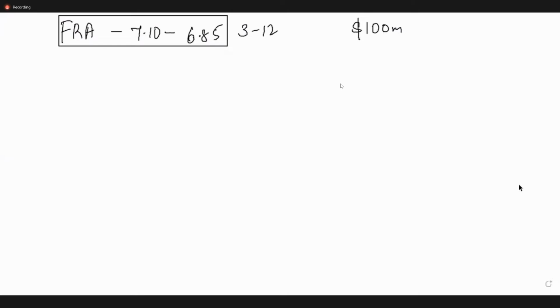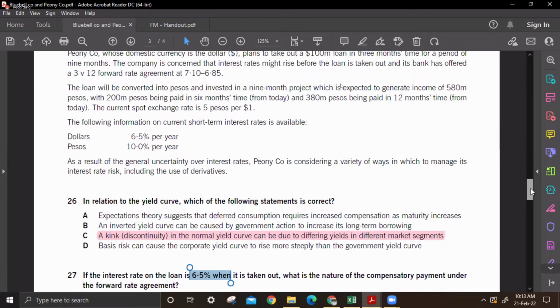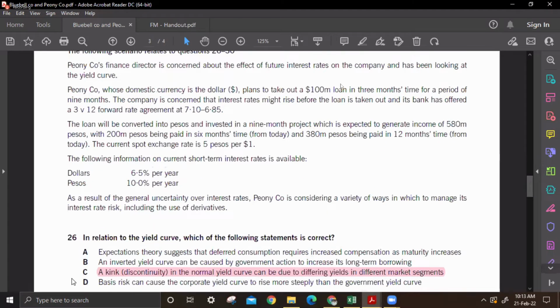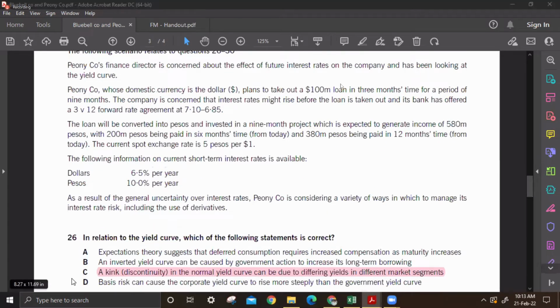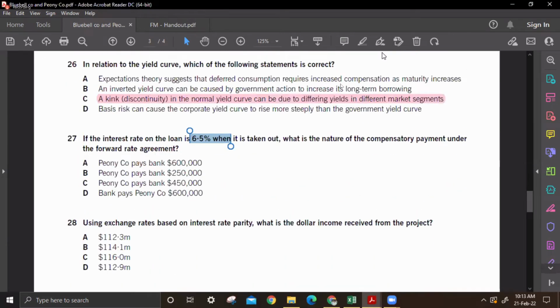So they're asking, if the interest rate on the loan is 6.5% when it is taken out, whose prediction was right? Bank or Peony company? Who won the bet? Think like this. Peony company thought it will go up. Bank thought it will come down. Whose prediction was right?